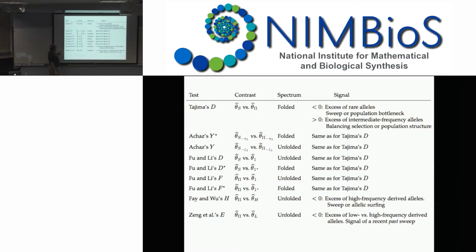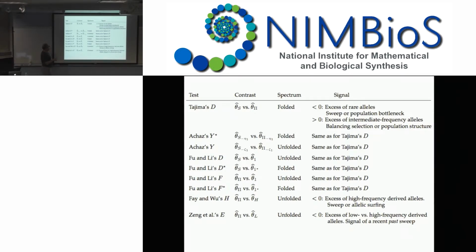Then we've got other comparisons. So Tajima's is segregating sites with respect to polymorphism. So Fu and Li's D and D star. The star means folded. So this is comparing segregating sites with the number of derived singletons, and segregating sites with the number of singletons based upon minor allele frequency.